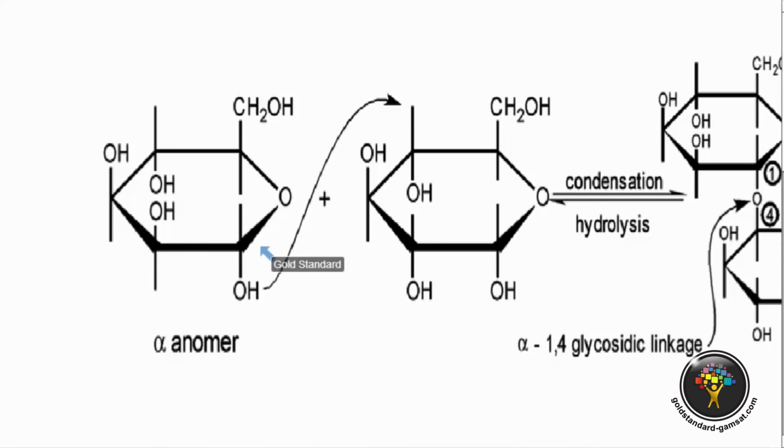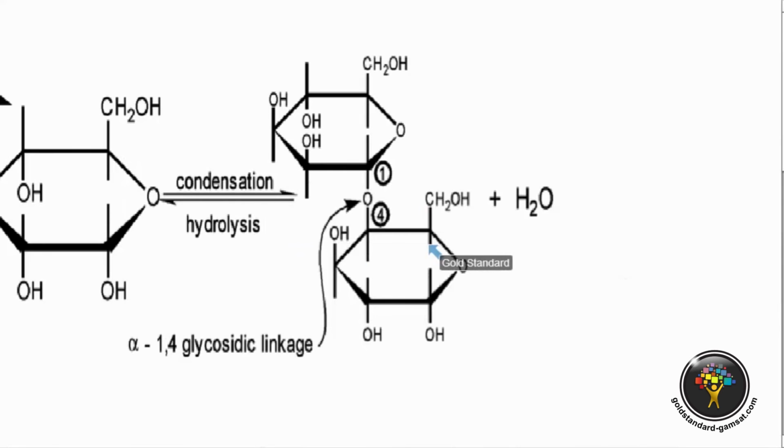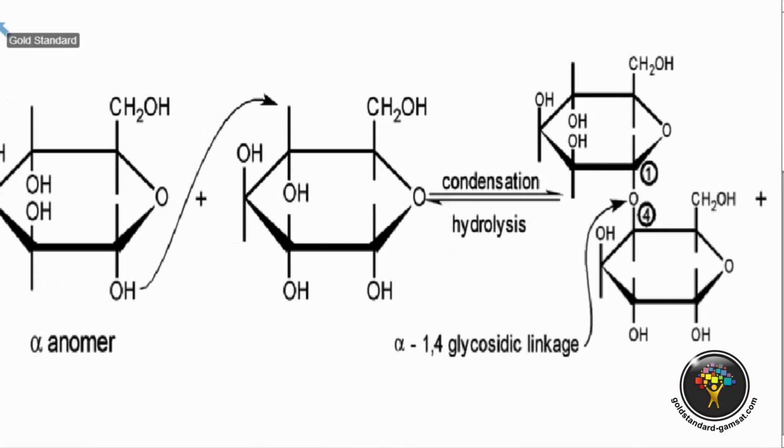When we were talking about 2 monosaccharides combining to make a disaccharide, that's called condensation. Water is released. The reverse reaction is hydrolysis, where water is added to the disaccharide and breaks it apart into two monosaccharides. So that's hydrolysis, water breaking something apart.